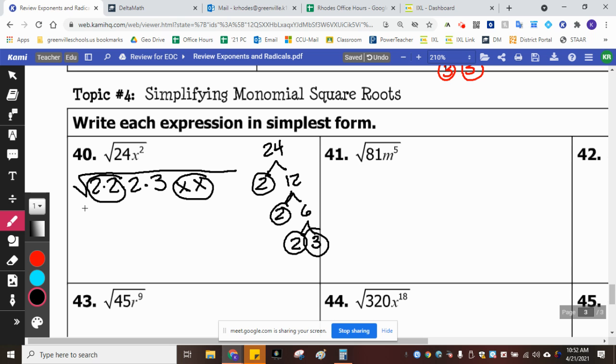Not 2 x's, 2x is what you said. Yeah, so 2 came on the outside and 1 x comes on the outside and the other numbers in the circle go away. And then what's left underneath is 2 times 3. You can leave it 2 times 3, that'd be right, but we want it in the simplest form, so that'd be 6.